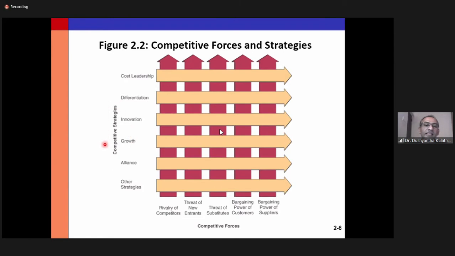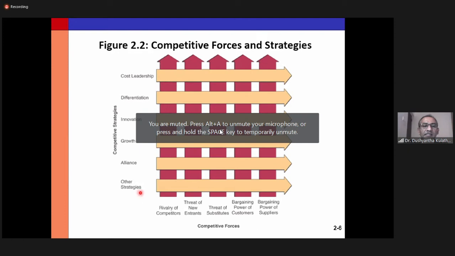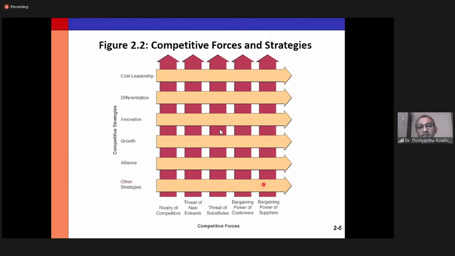And for competitive strategies, you have 5 main strategies: cost leadership, differentiation, innovation, growth, alliance, and there is a category called other strategies. So we will look at why they are important for an organization.